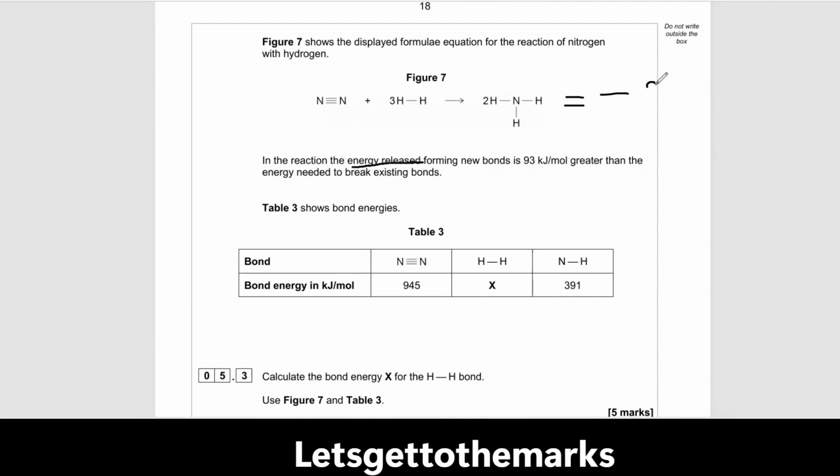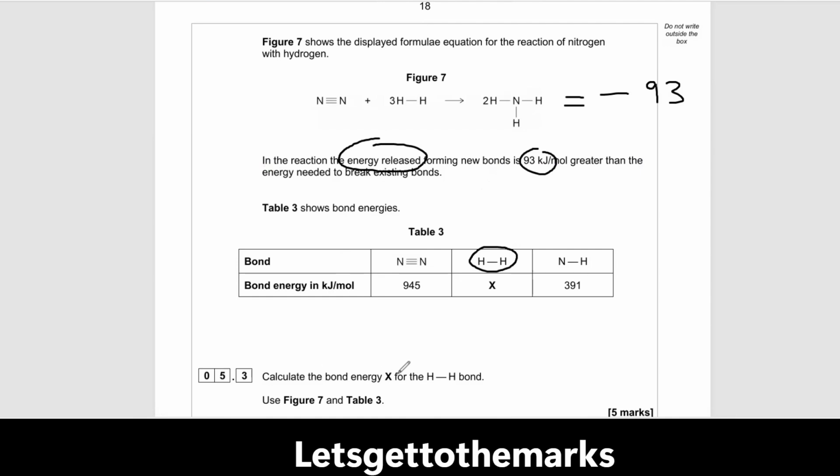And that means it's minus 93. So little clue there. They told us that by telling us energy released is 93 more than went in. So it's minus 93. They want me to calculate this missing H-H bond. We've got this table.